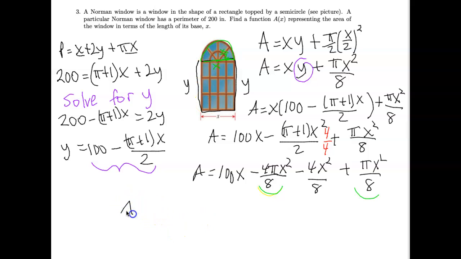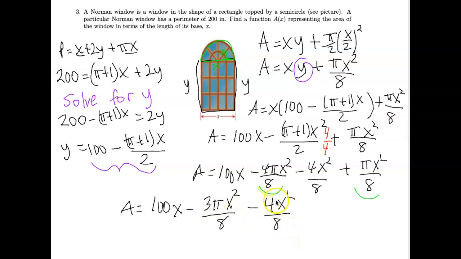So we'll end up with area equals 100x minus 3 pi x squared over 8 minus 4x squared over 8.